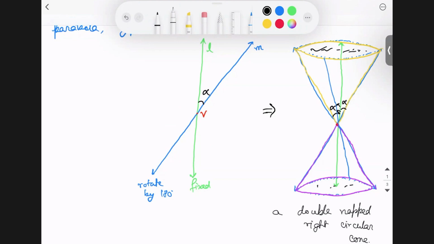And this alpha is an angle, which is called the semi-vertical angle.